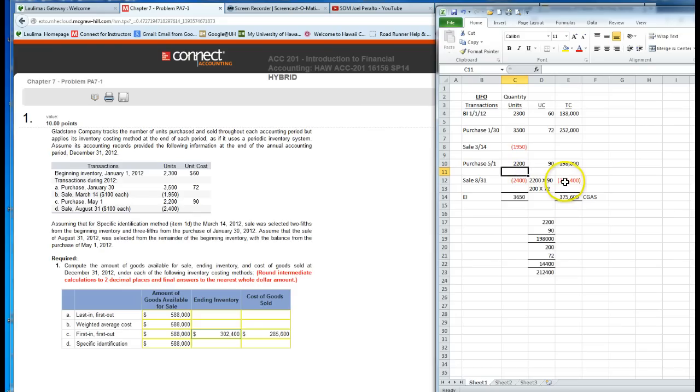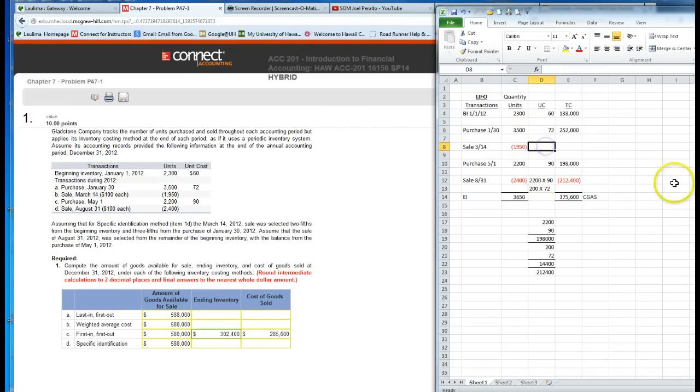I need to show that somehow. That's going to be kind of hard to do, because it's going to automatically change this number on the bottom. So we just need to know that of this 3,500 units purchased on January 30th, 200 have already been sold, assumed sold. And so we have 3,300 left.